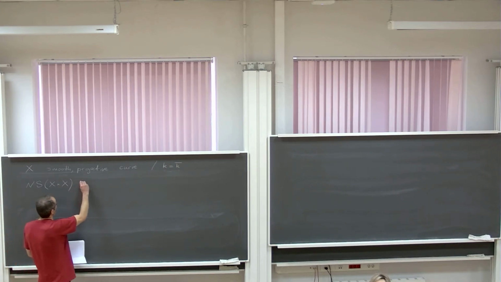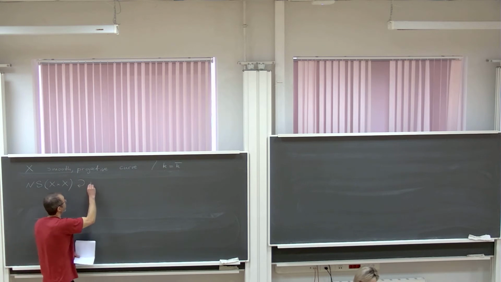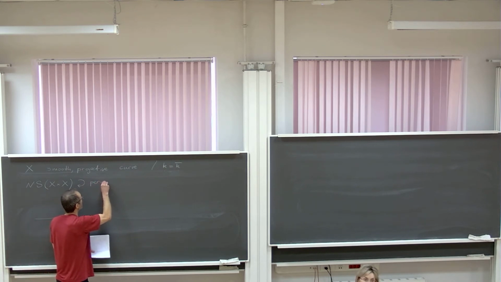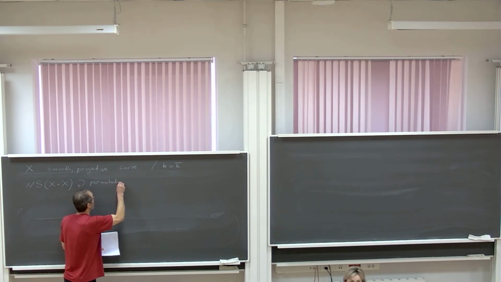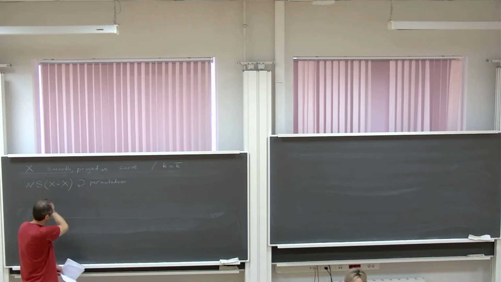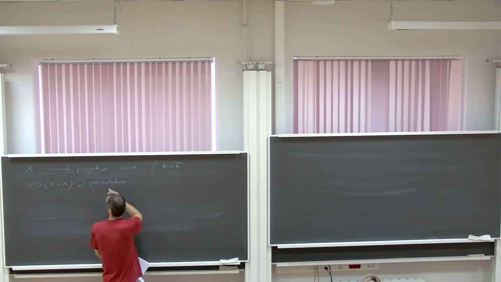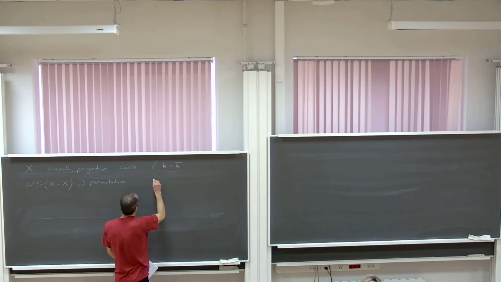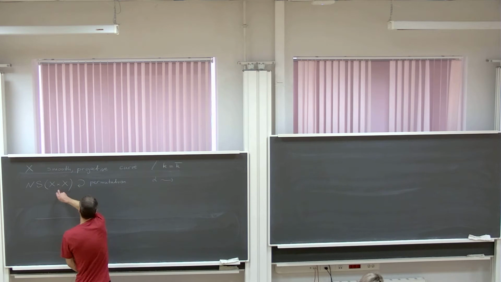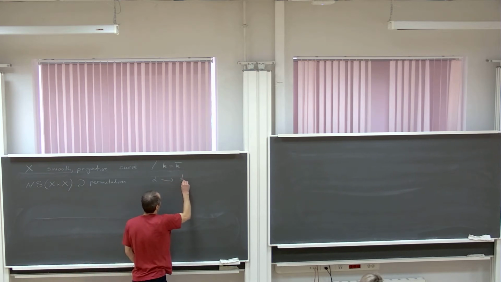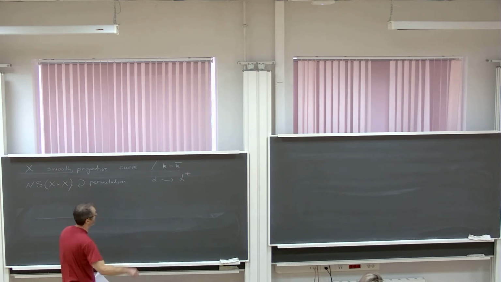So here we have the involution given by the permutation of the factors, and I have an element here, alpha. I will denote by alpha transpose its image under this involution.